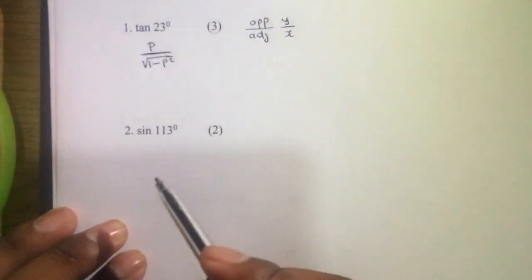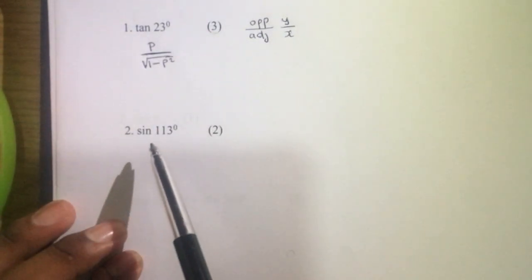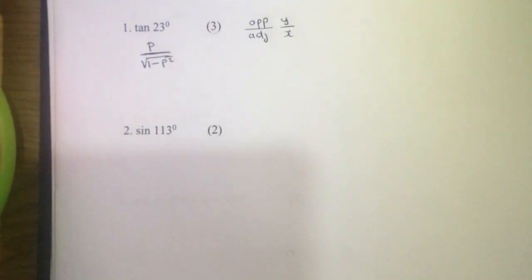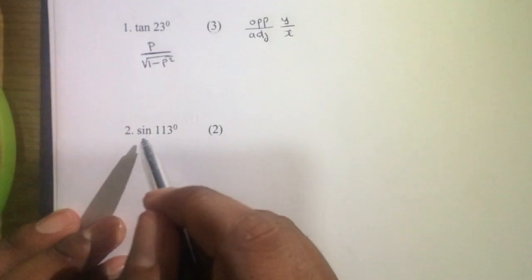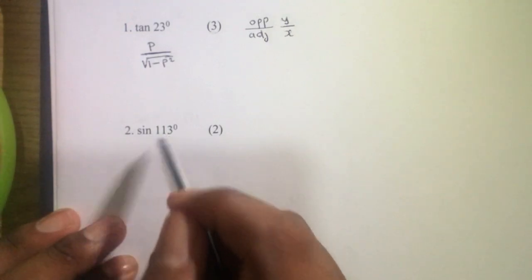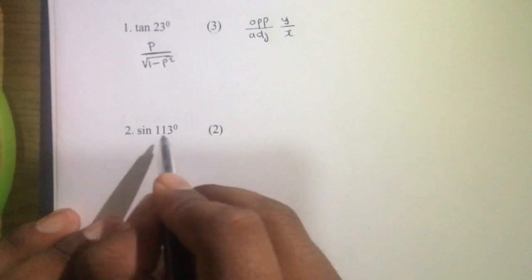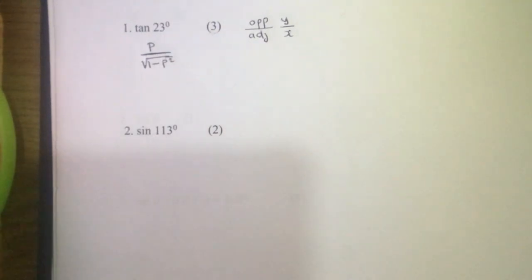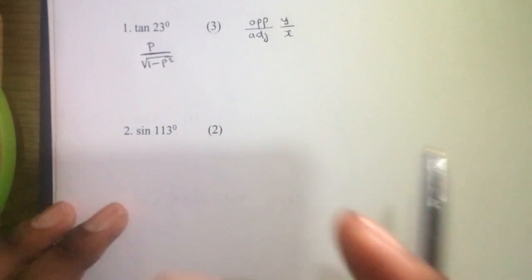Okay. The following question now says 2, sine 113. Now we must express sine 113. So how are we going to express sine 113? When we look at sine 113, we are going to use a trig function, whose special angles are 90, 180, 360, 270.